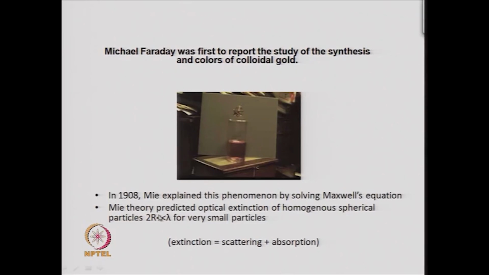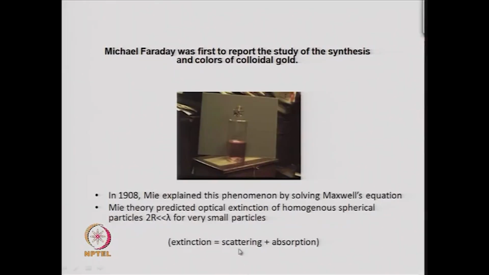So, Mie predicted that this kind of optical extinction involves scattering as well as absorption. So, there is an incoming beam, there will be an intensity of the incoming beam, and when it gets scattered or it gets absorbed, then that intensity gets lost, and that is what is called extinction. So, Mie tried to explain this extinction based on scattering and absorption, and he predicted that this kind of extinction will be valid when the size of the particle is much smaller than the wavelength of the light.